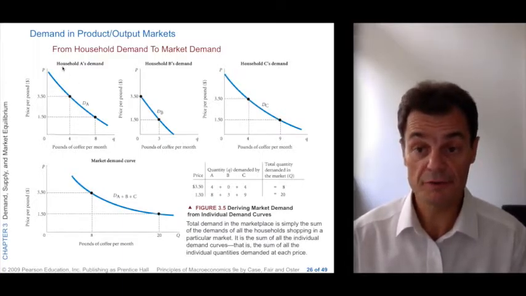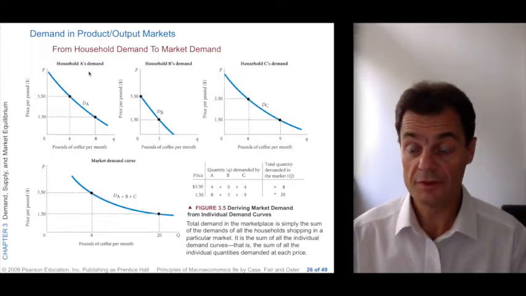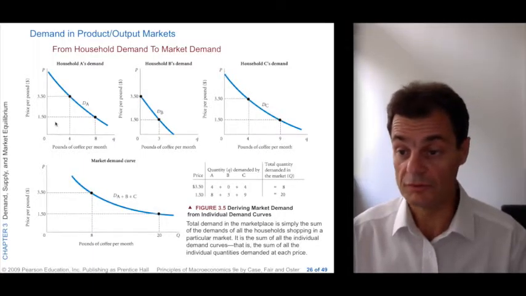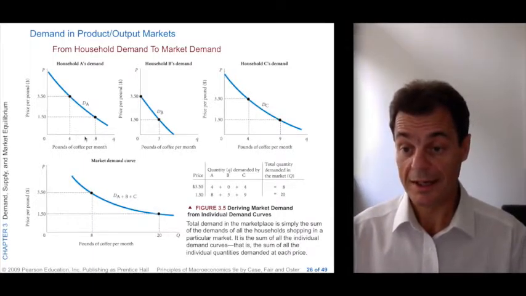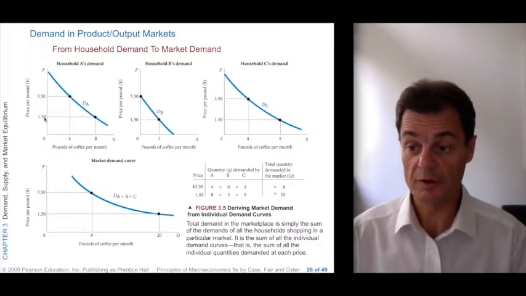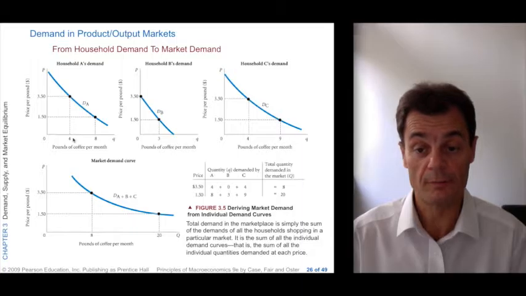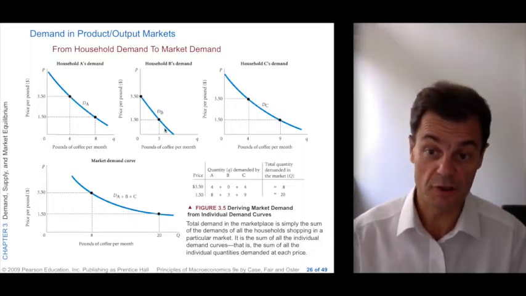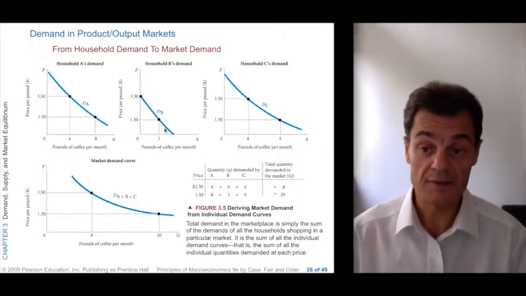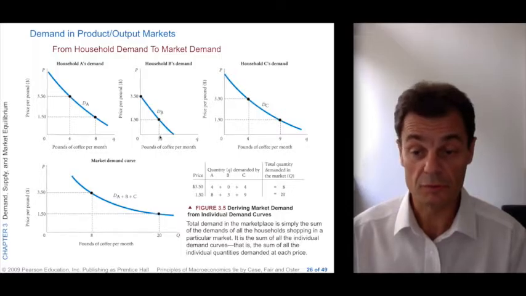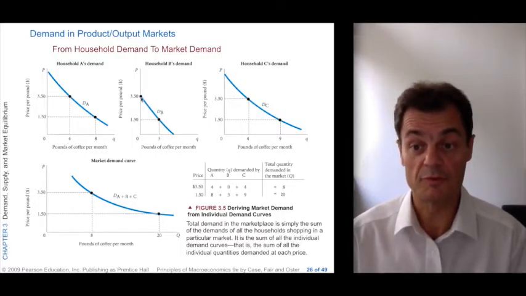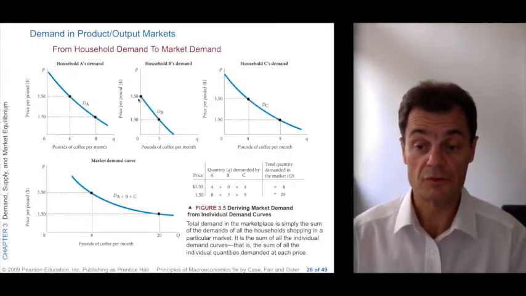Let's take 3 households, A, B, C. You can see that A consumes, for instance, 8 pounds of coffee per month when it costs $1.50, but if the price moves to $3.50, it consumes 4. Household B, which has obviously less means, is less rich, consumes 3 pounds of coffee when it costs $1.50, but when the price moves up to $3.50, it consumes 0.